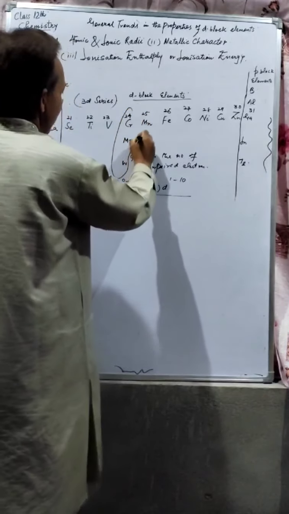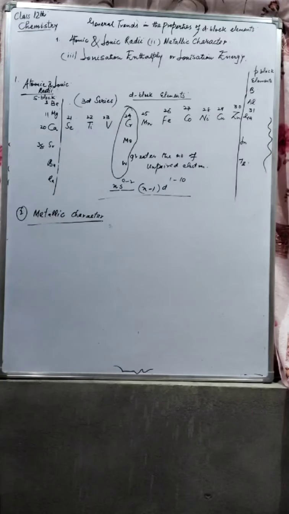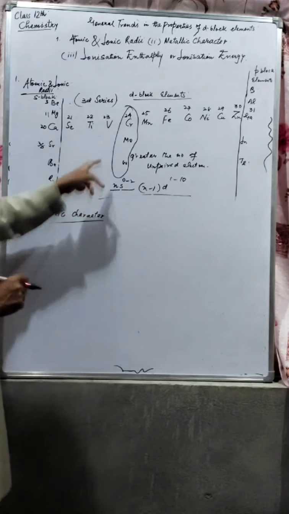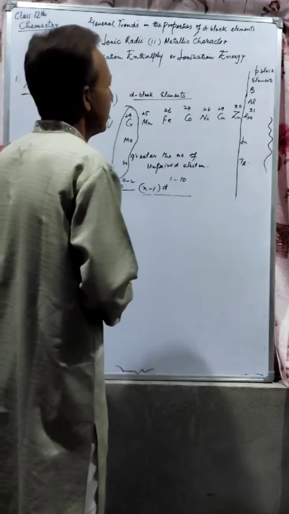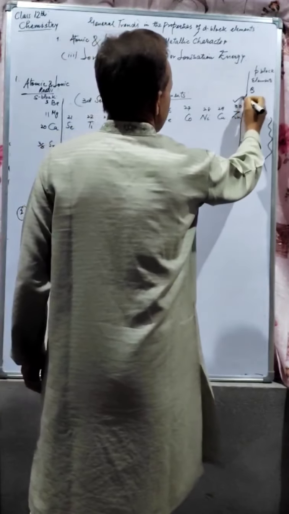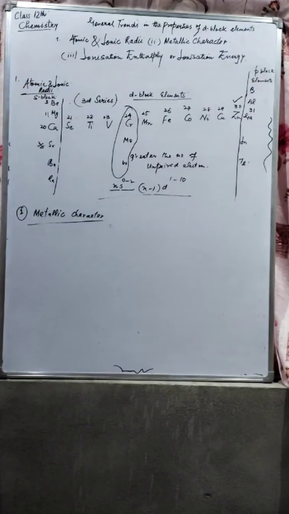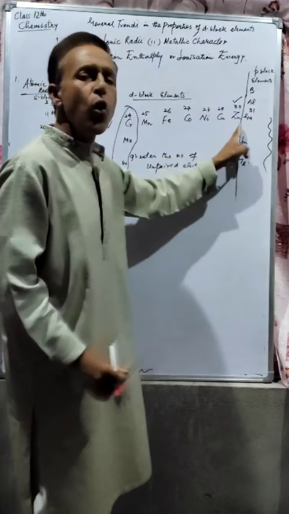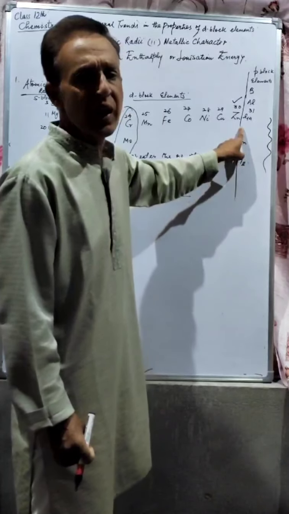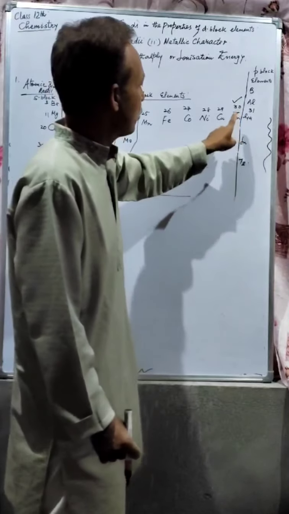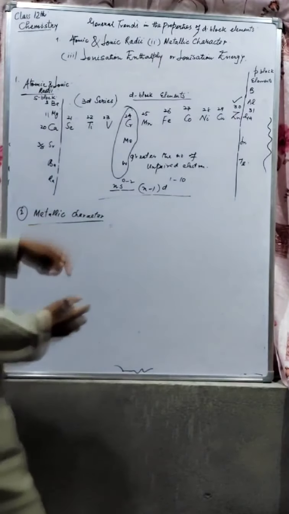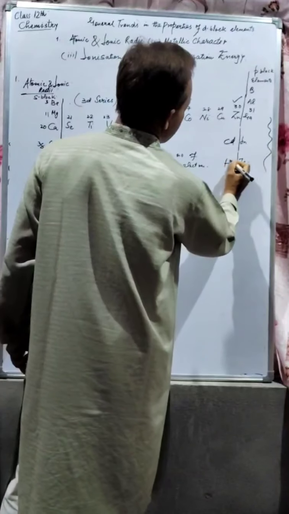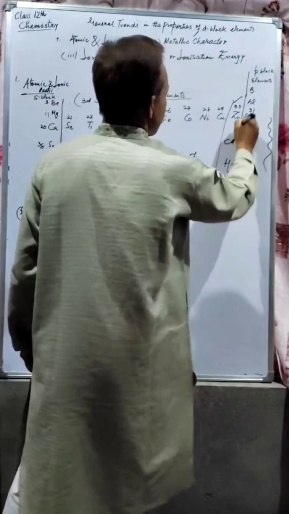They are very strong transition metals, because they have maximum number of the unpaired electrons, and zinc is not a very strong metal because it has no unpaired d electron. This is why zinc or cadmium or mercury are not very strong metals.